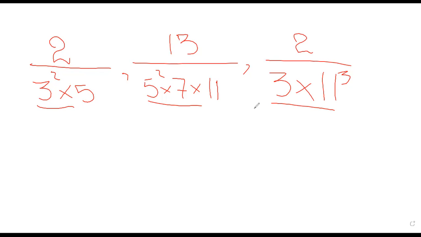So 3 square from the first fraction, 5 square from the second fraction, 7 from the second fraction, and 11 cube from the third fraction. These are the highest powers given in the denominators. So this results in 3 square, 5 square, 7 and 11 cube.